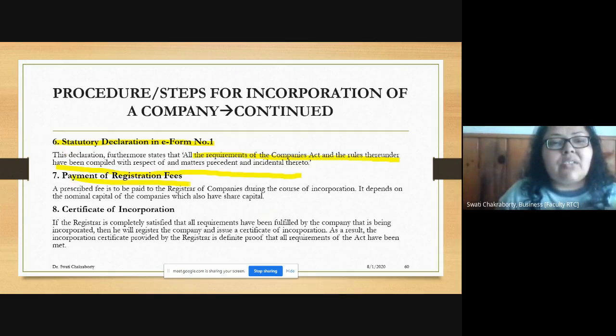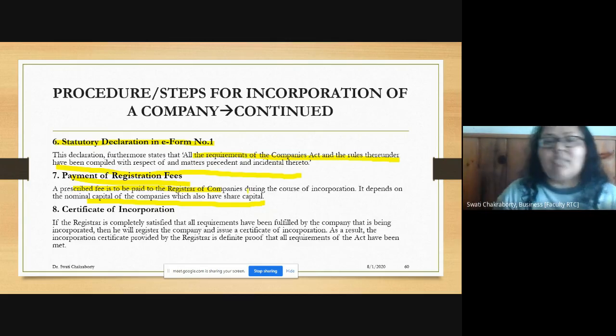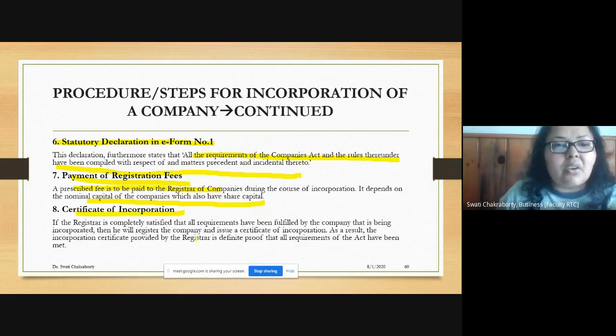Payment of registration fees: you need to pay a prescribed fee to the registrar of companies for incorporation, right? It depends on the nominal capital of the companies, the share capital, how much money. And then comes the certificate of incorporation.